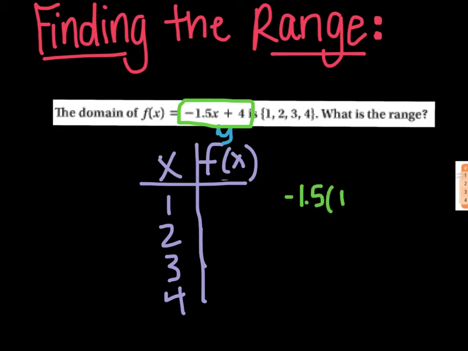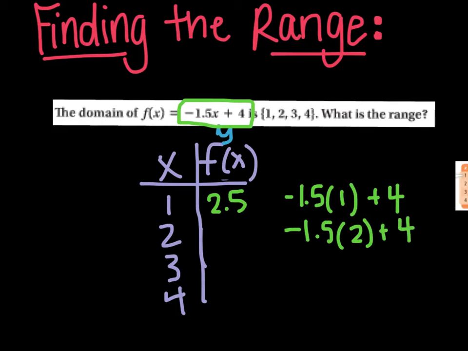So here we go. -1.5 times 1 plus 4. That equals 2.5. So f of x is 2.5. Then I have -1.5 times 2 plus 4. That will give me an answer of 1. Same thing, keep going.